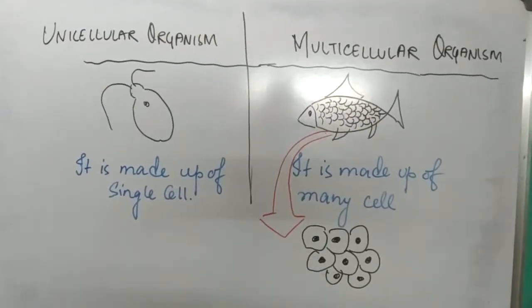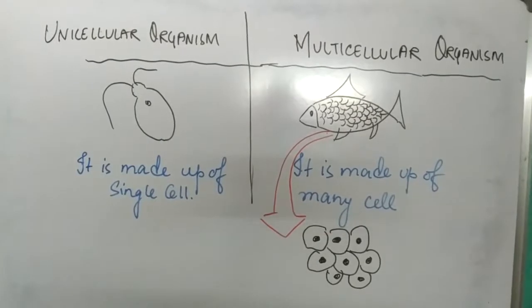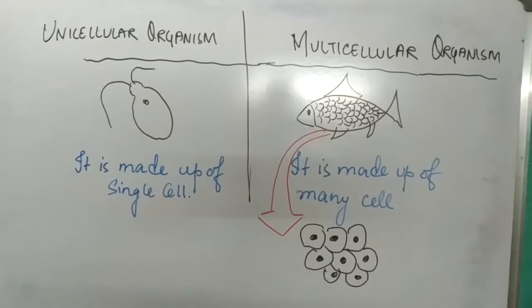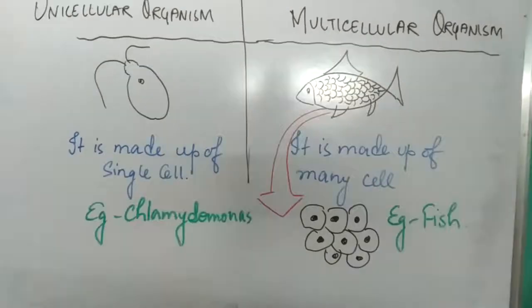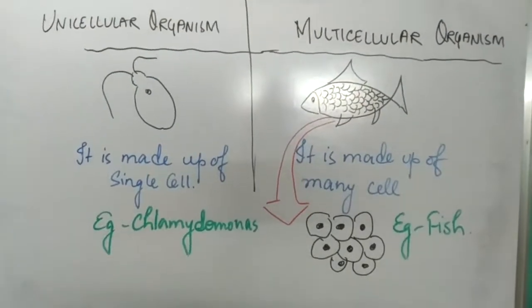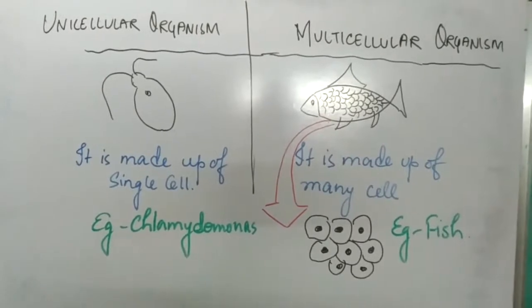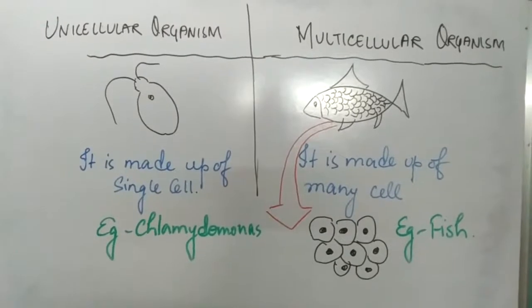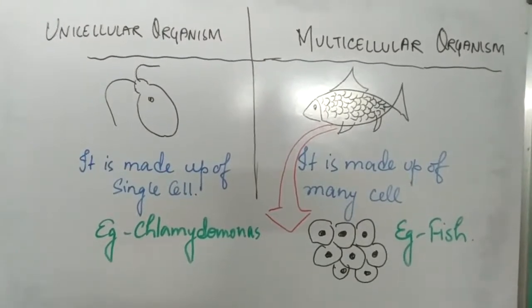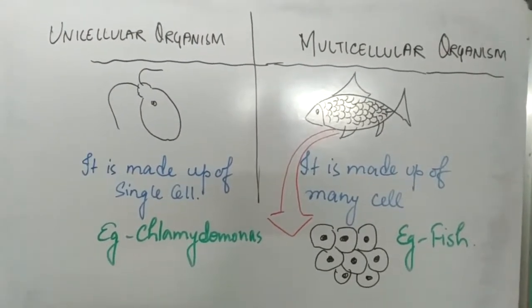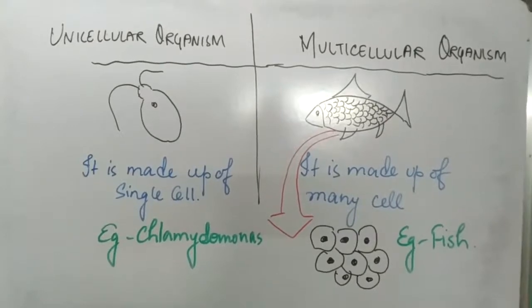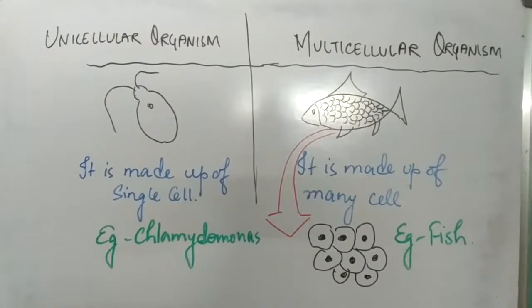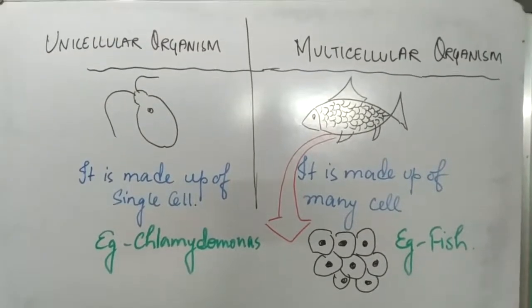That means organisms which are made up of only a single cell are known as unicellular organisms. So the diagram which I have drawn over here is of Chlamydomonas. Now Chlamydomonas is an example of a unicellular organism. The entire body is made up of one cell, and as a result Chlamydomonas is not visible to our naked eye, and we require a microscope to see this particular organism.